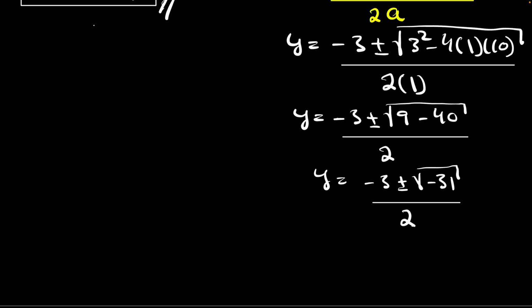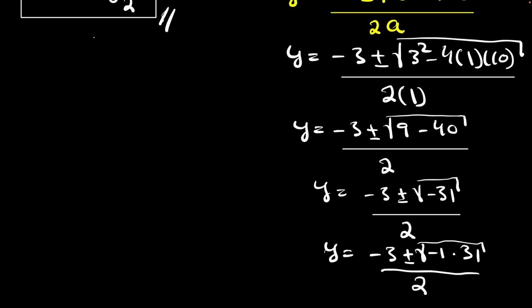So here, as you can see, we have a negative number inside our square root. What I can do is write y is equal to minus 3 plus or minus the square root of minus 1 times 31, over 2. So I'm going to write the rest here, I have the space.